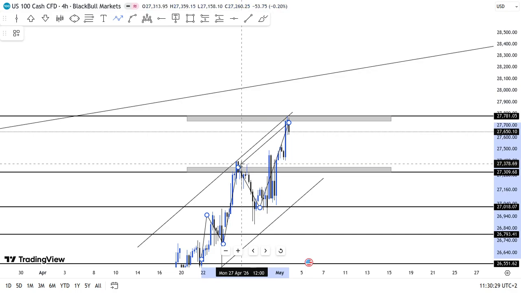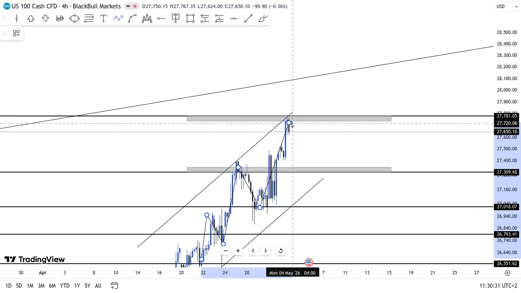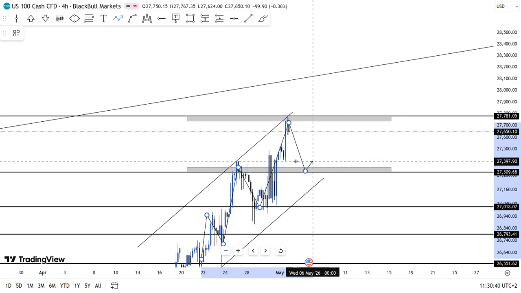We broke past it. Then my intention, since all the market is bullish, I will be looking for price to come back here, retest, and give me certain confluences. What I mean is: first confluence, price is bullish.